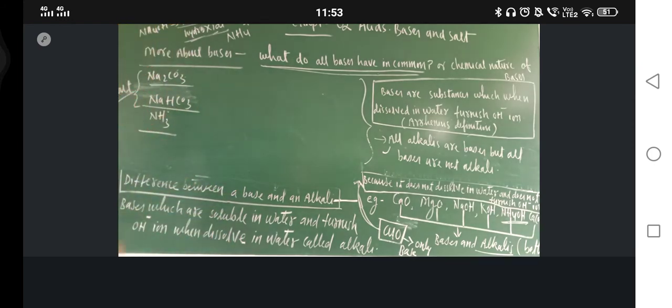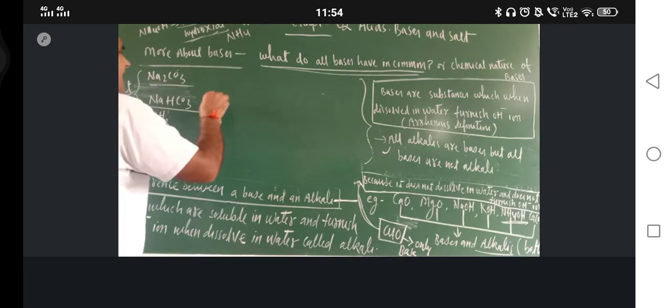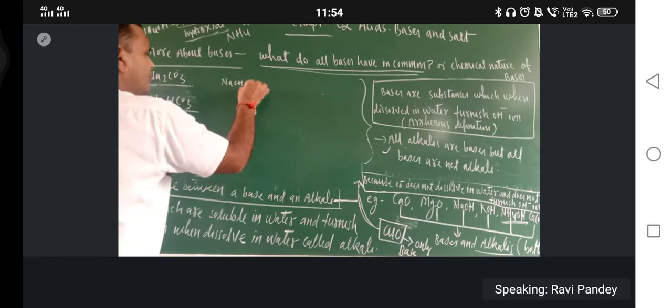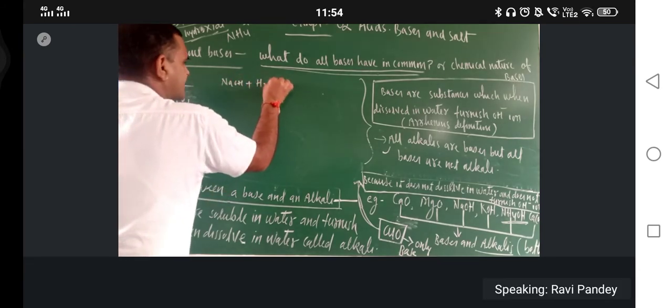For the salt, what is there? Just try to understand. Salt is the combination of positive ion and negative ion. Or you can say salt is the combination of metals, acids and bases. Salt is the product which is formed when acids and bases react together. To form Na2CO3, you have to take NaOH and one acid, that is carbonic acid.